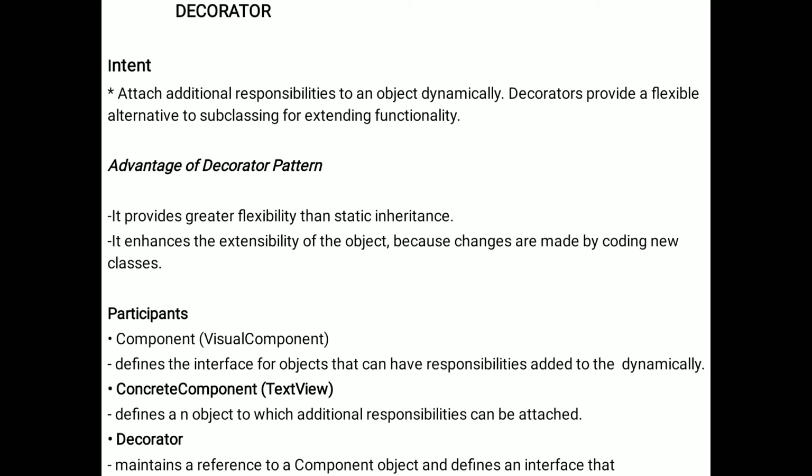The decorator design pattern is used when you want to transparently and dynamically add responsibilities to objects without affecting other objects. Dynamically we can allocate features or behaviors to the object without affecting the other objects.